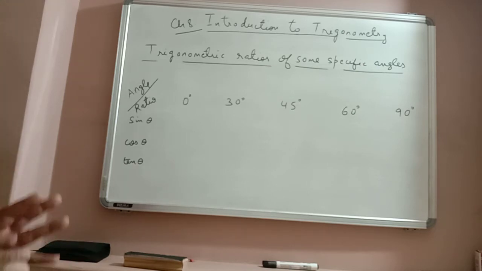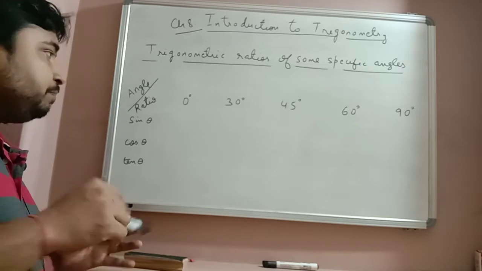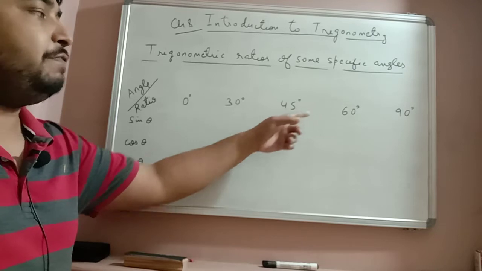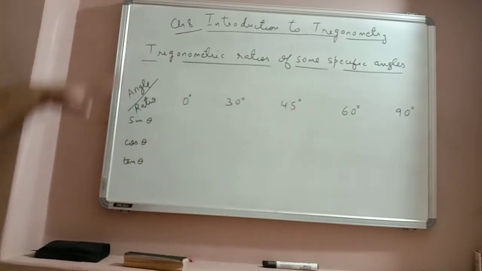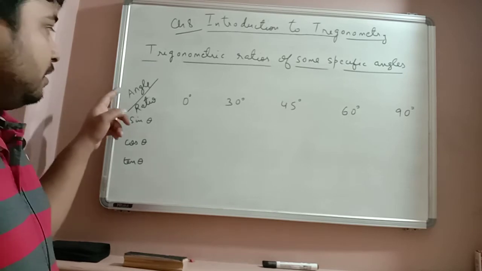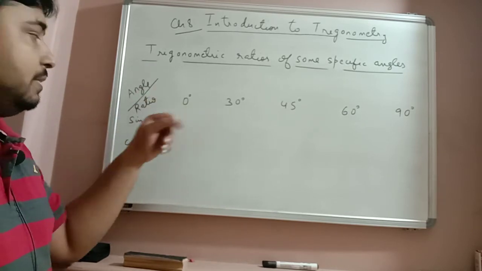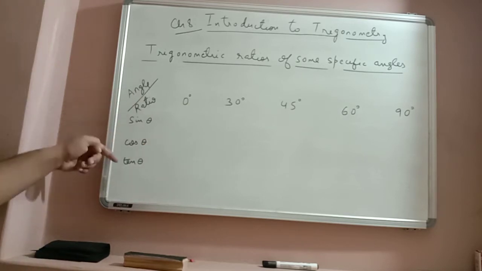Alright, so in order to remember the trigonometric ratios at these angles, that is angle 0, angle 30 degree, angle 45 degree, angle 60 degree, angle 90 degree, we need to draw this table. Now in this we will write down angle and ratio, and angles I will write down these angles, and ratios I will write down starting from sine and then cos and then tan.